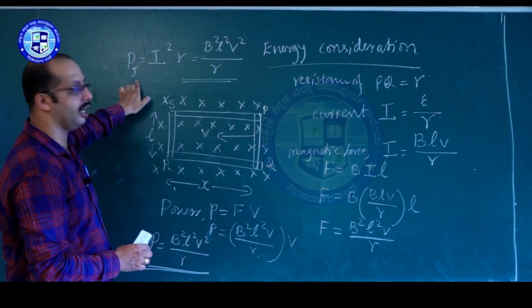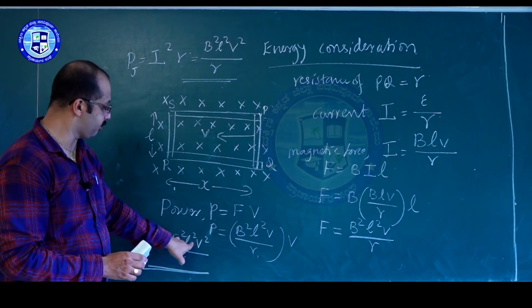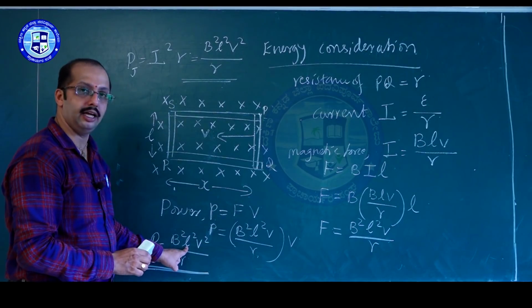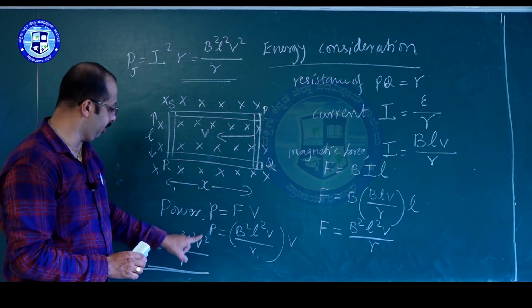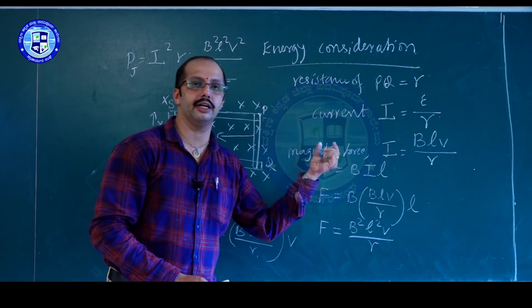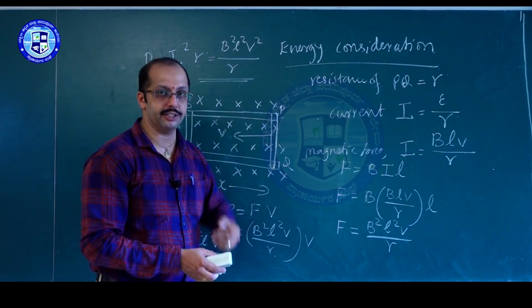That joule heat can be represented as Pj is equal to I square R, or P is equal to B square L square V square divided by R. B is the magnetic field, L is the length of the conductor PQ, V is the velocity, and R is the resistance of the conductor PQ. This way we consider energy.